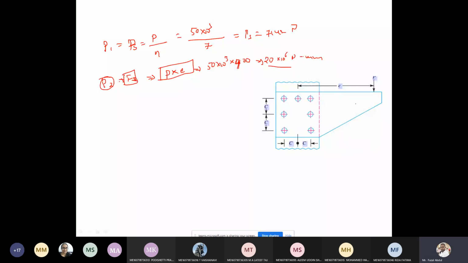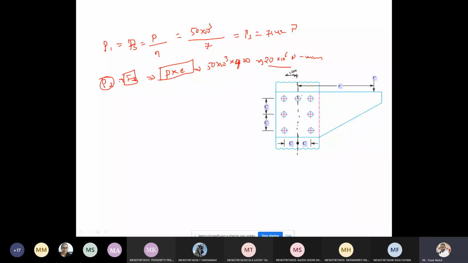now see here, the centroid for the system we calculated. X bar we calculated as 100. It means X bar is here, from the Y2, this is the 100. Now how much is Y bar?